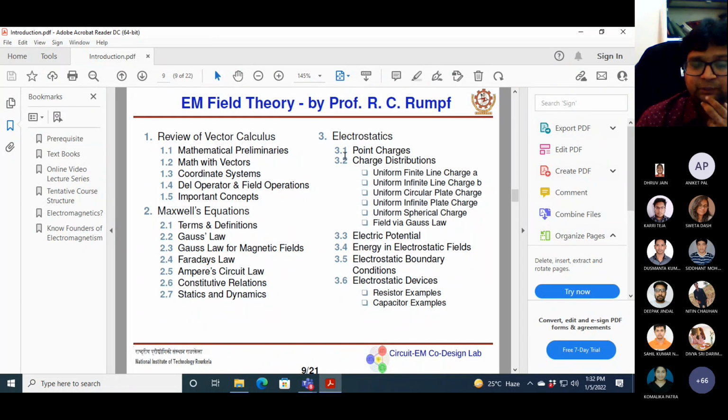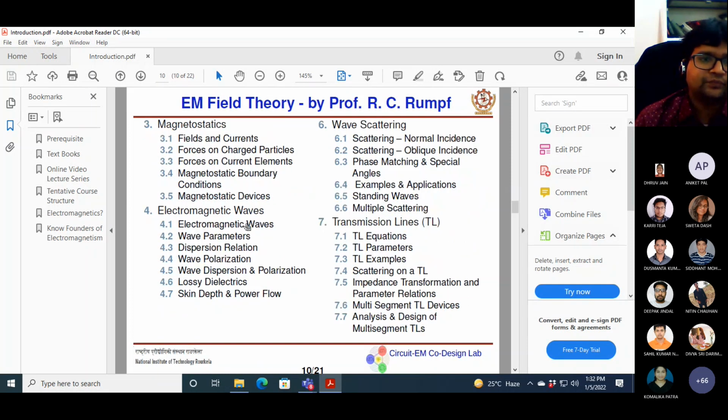Then we will discuss simple electrostatics. Although we are already a little bit familiar with electrostatics, for the continuity of the course and for in-depth understanding, we will discuss electrostatics from this course material, or you can go through this material also.